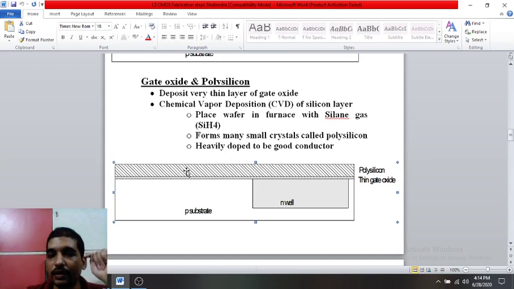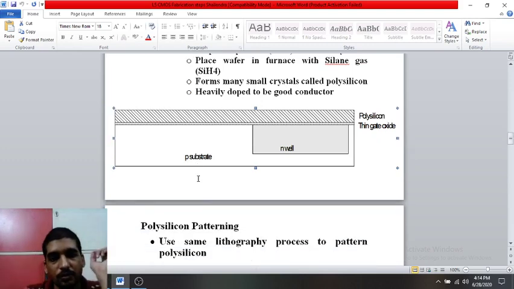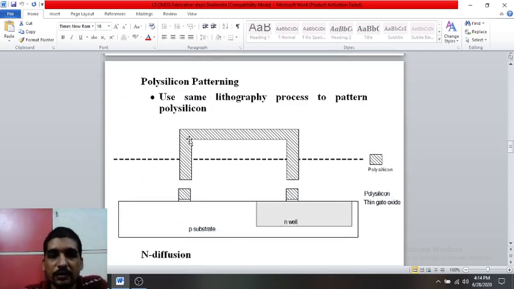So now we will again do the lithography process and keep the polysilicon thin gate only at the required gate areas, where we will fabricate the gate of the NMOS as well as the PMOS. So we will again place a mask, do the patterning using the lithography process, and finally achieve the polysilicon and thin oxide on the two regions where we want to fabricate either the gate for the NMOS or the PMOS.